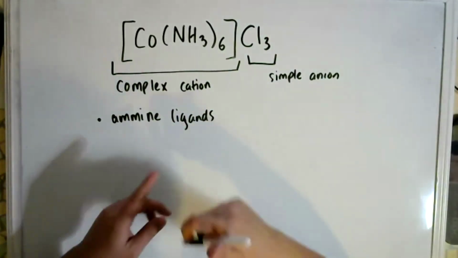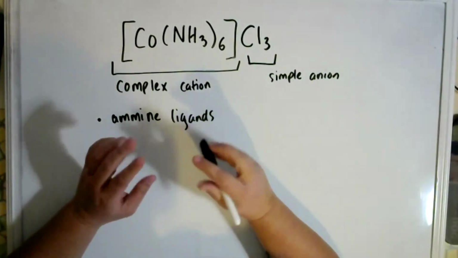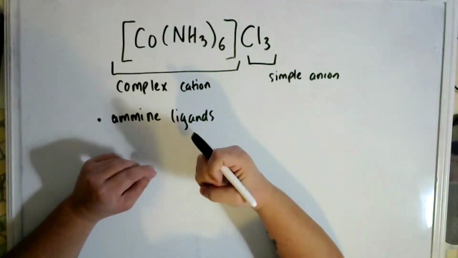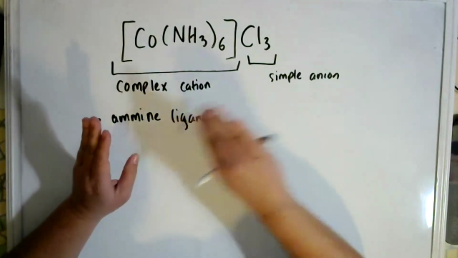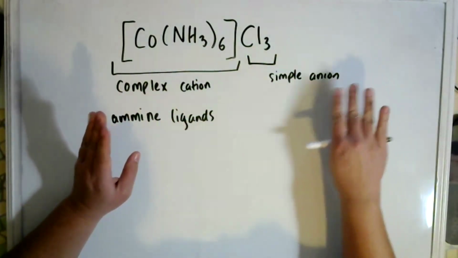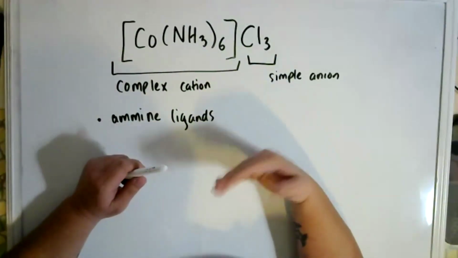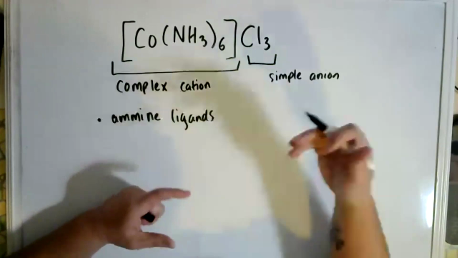Any ligand that has a prefix as part of its name has to use a separate set of prefixes. That sounds confusing when I first say it, but let's list out the common prefixes and then maybe it'll make more sense.